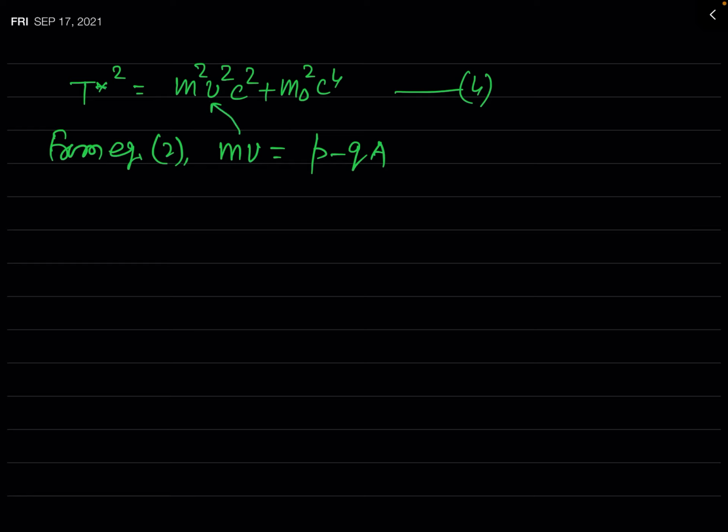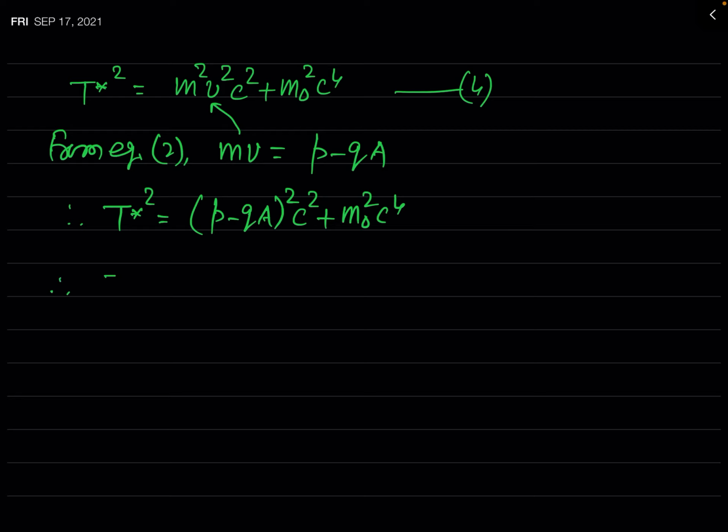Now use this value of mv here. Since here there is m square v square, T star square will be equal to p minus qA whole square times c square plus m naught square c4.